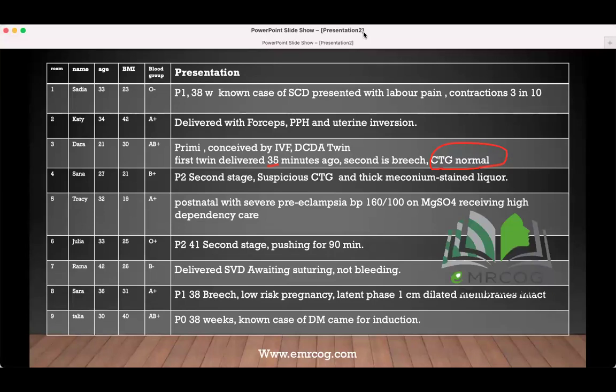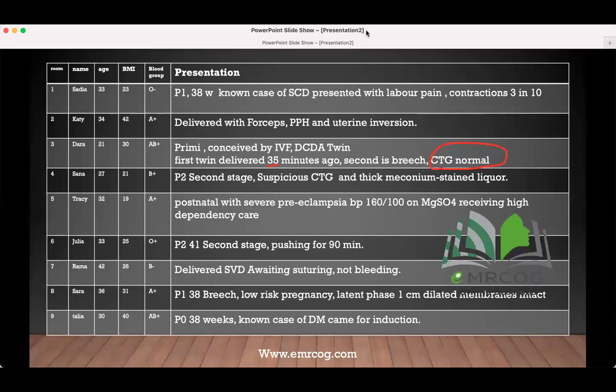Anybody else come to see her? Yes, please. You need the consultant to come and assess, because twin pregnancy and breech, you need somebody experienced to deal with this situation. If needed, he can do the breech extraction, right?